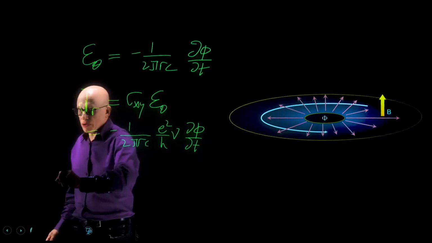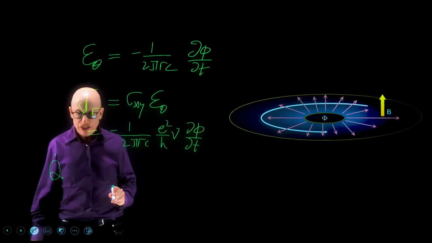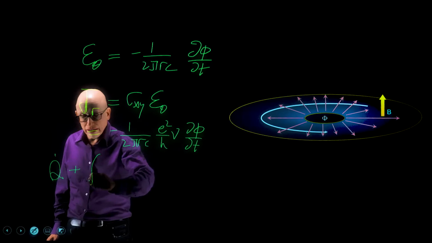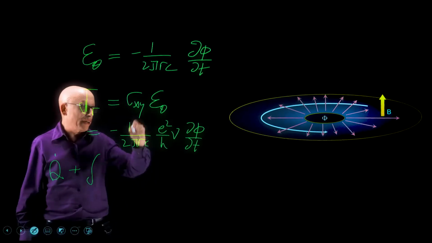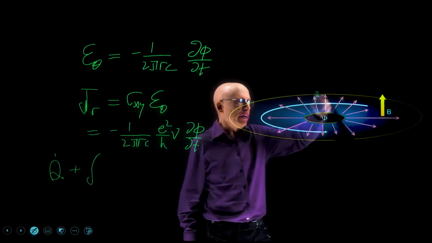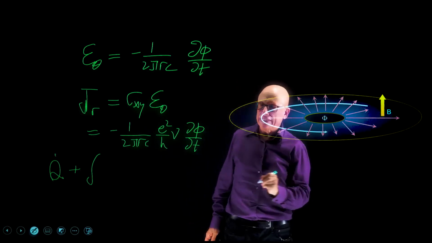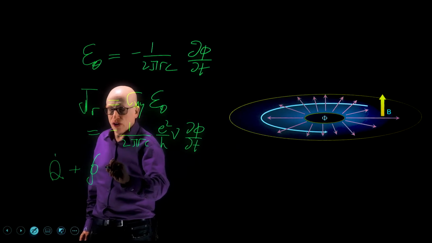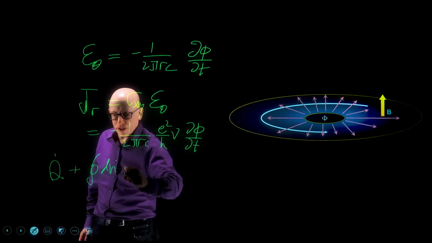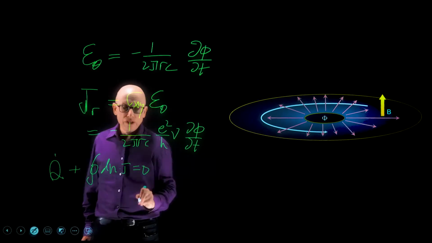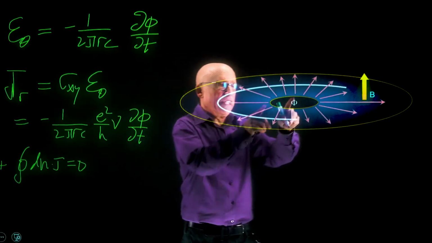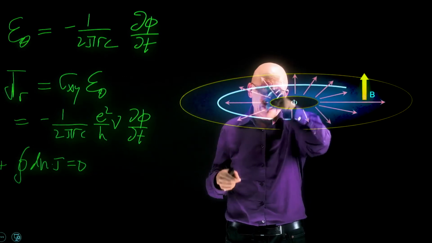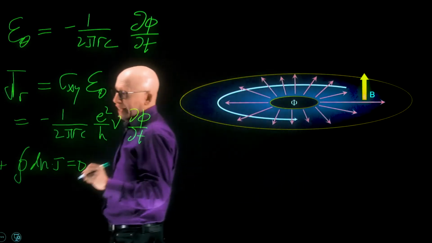We can calculate that because we know that the time derivative of that charge plus the integral along a curve, let's look at a curve that's a circle, a distance r from the origin, so an integral along that curve of dn dotted into j, this is 0, which is another way of saying any charge that goes out of here will cross the circle that we are thinking of.